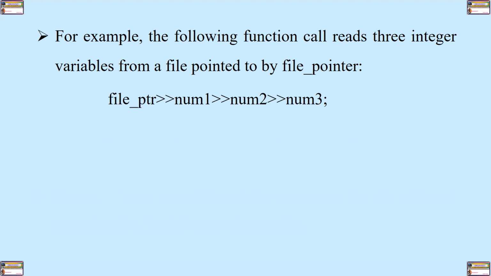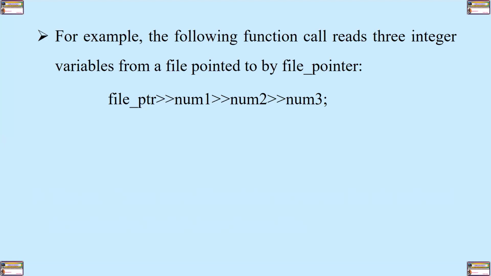The only difference is that we replace cin with the name of the file pointer. The same operators we use together with cout are the same operators we use, but we replace cout with the name of the file pointer that we are going to use to handle a certain file.